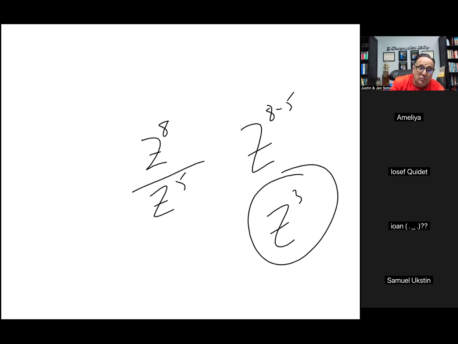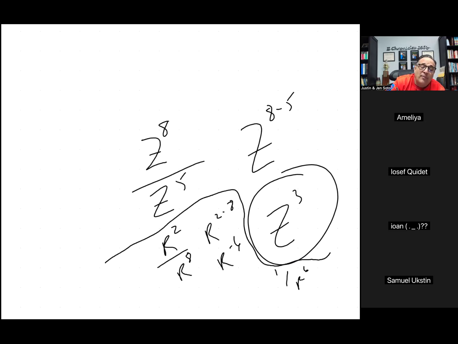Let's say you did one that was like this, r to the 2 over r to the 8. Well, you go r to the 2 minus 8, r to the -6. So the answer would be 1 over r to the +6. I made those numbers up. But since this one here is already positive, it's just z to the 3rd power.